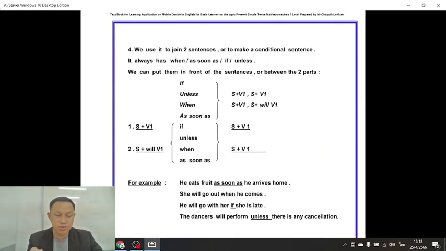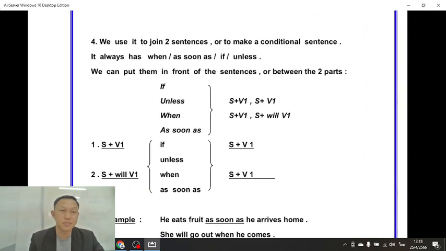4. We use it to join two sentences or to make a conditional sentence. It always has when, as soon as, if, unless. We can put them in front of the sentences or between two parts.